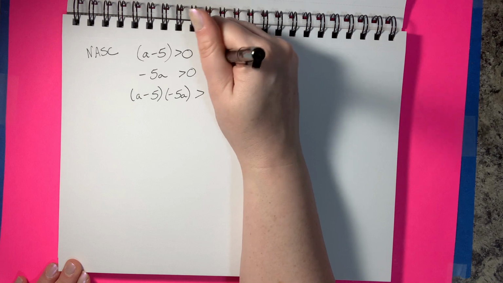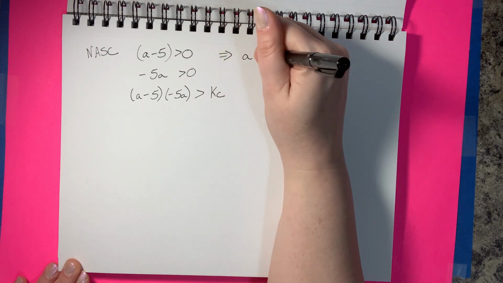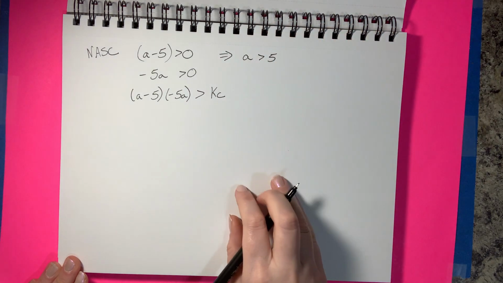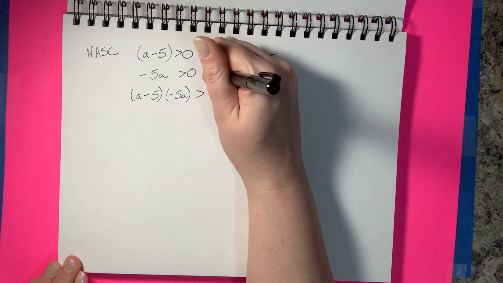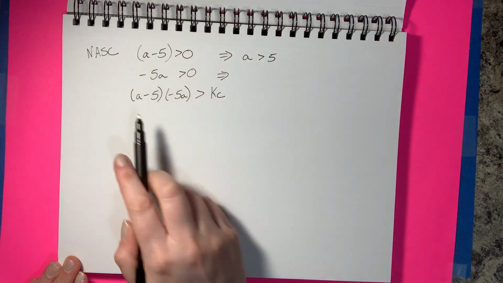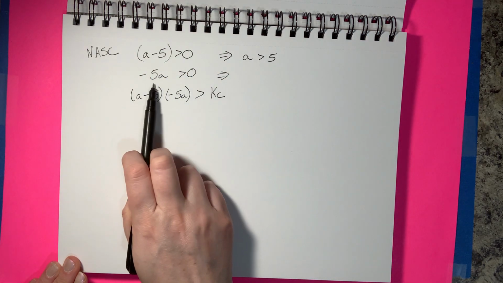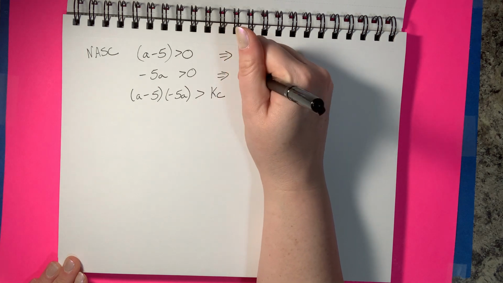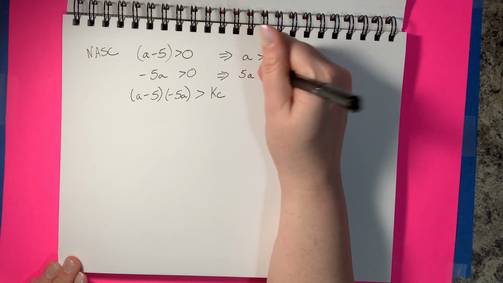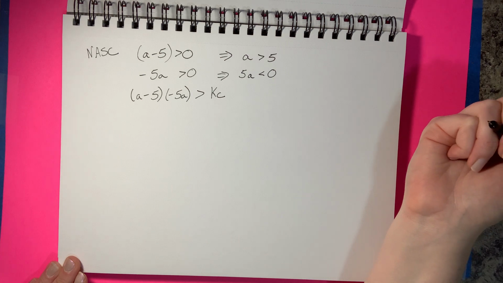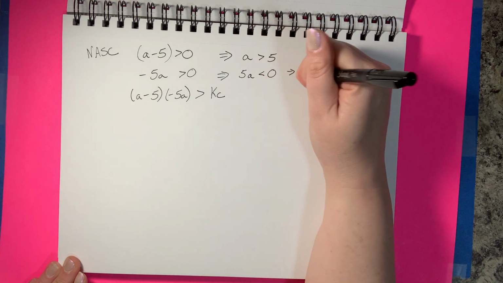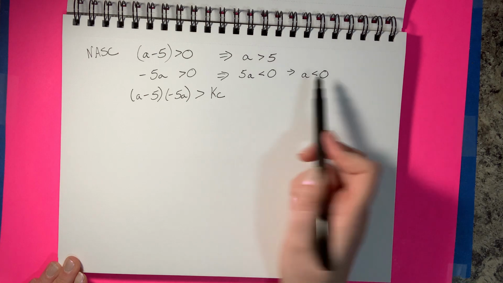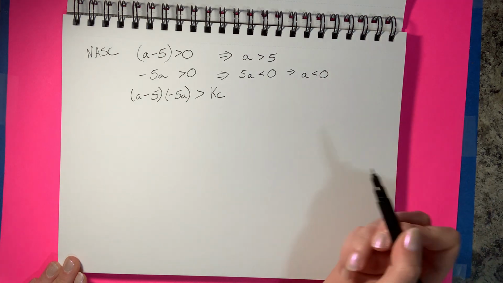As we go through simplifying, that seems reasonable, right? And then, to get rid of this negative sign, we're going to end up switching the sign here. So we would have 5a less than 0, and that implies that a has to be less than 0, because if we divide by 5, then 0 divided by 5 is still 0.